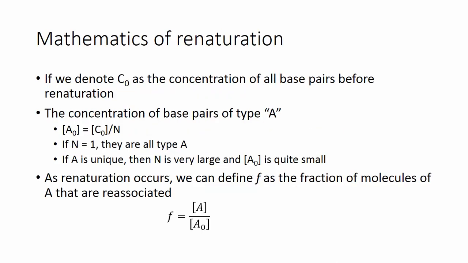So if we denote C0 as the concentration of all base pairs before renaturation, then the concentration of base pairs in type A can be calculated like so, where the concentration of A0 is equal to C0 divided by N. If N is equal to 1, the entire concentration of DNA is all type A. As renaturation occurs, we can further define terms such as F, the fraction of molecules that are reassociated.